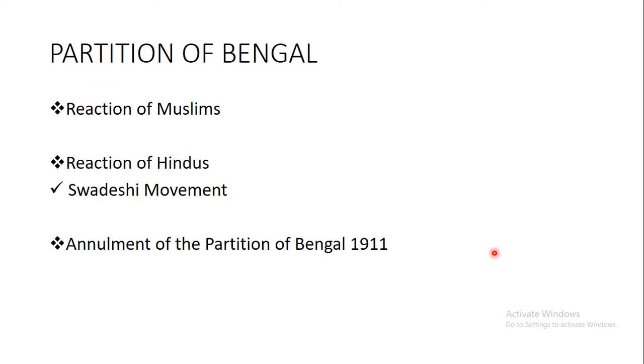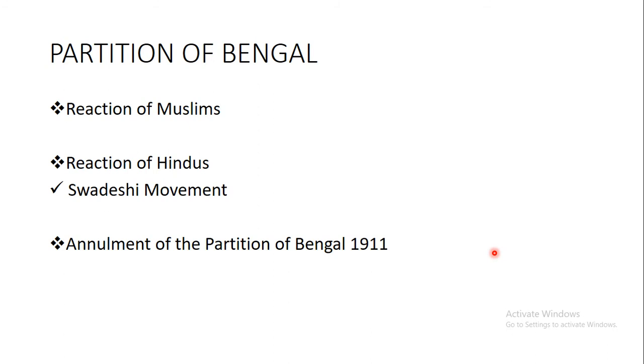Western Bengal. Now comes the reaction of Hindus and Muslims over the partition of Bengal. In the huge province of Bengal, in United Bengal, Hindus were in majority and their position was very dominant. Remember, the eastern side of Bengal was the most fertile area.